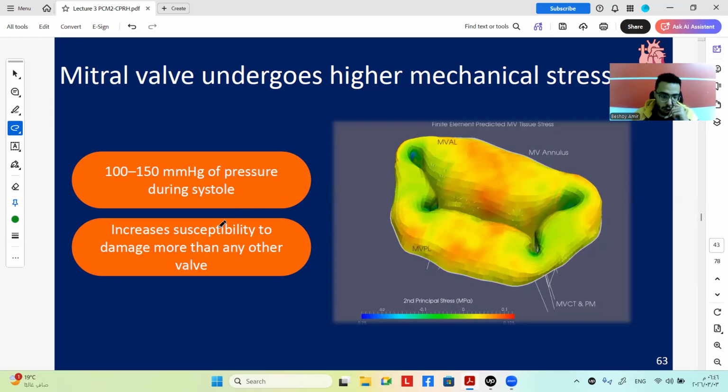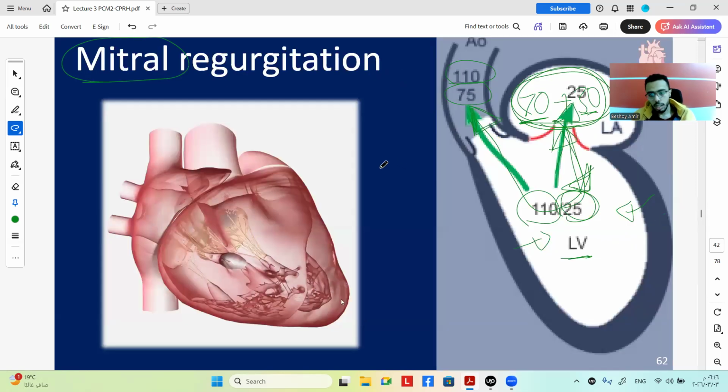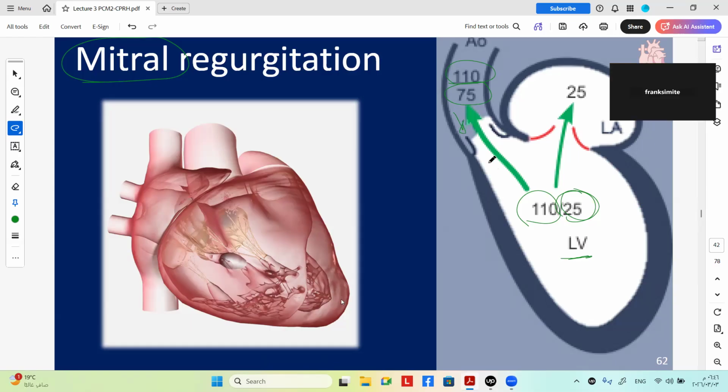And it's telling you why mitral valve is the most common valve to be affected, because it has increased pressure gradient all over its valves. Let me try to make it more clear. You know, what's pushing the valve is a force from this side and another one from this side. In the aorta, the difference is very little. It's just around 70 or 60 in diastole.